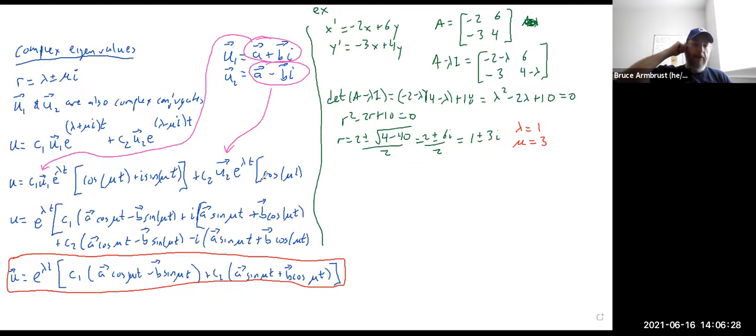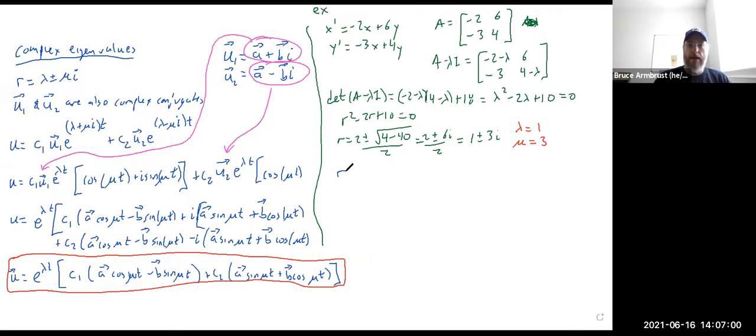All right, so now we've got to find a and b. So what we're going to do is the same thing that we always do, which is plug in our eigenvalue, I should say. And I apologize that this is a different lambda, but we're going to plug our eigenvalue into our A minus lambda I. So let's plug in the 1 plus 3i.